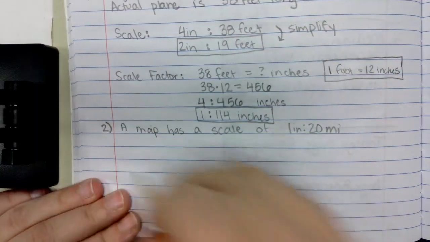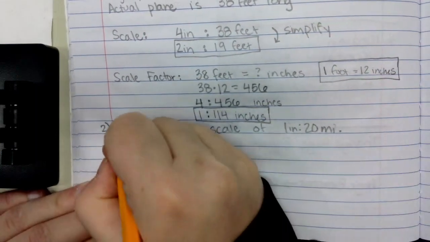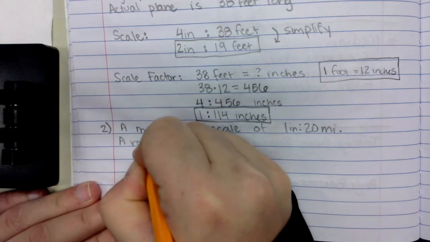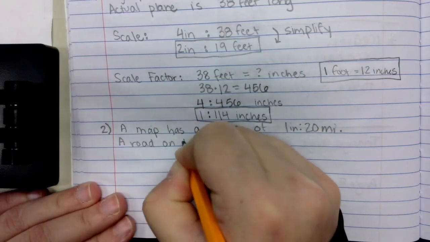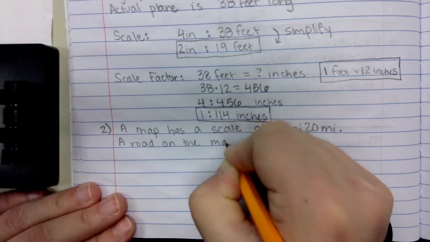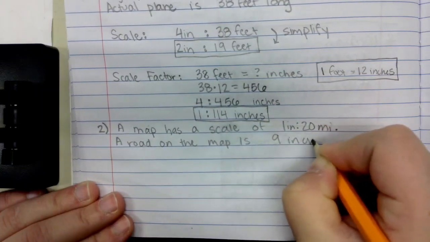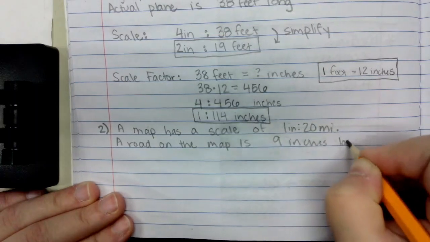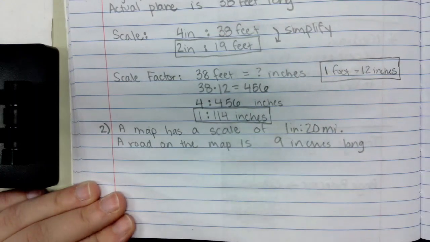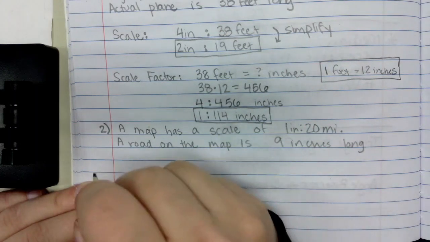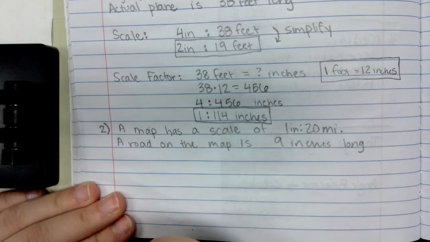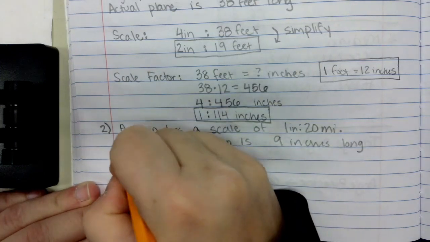A road on the map is 9 inches long. How long is the road in miles?